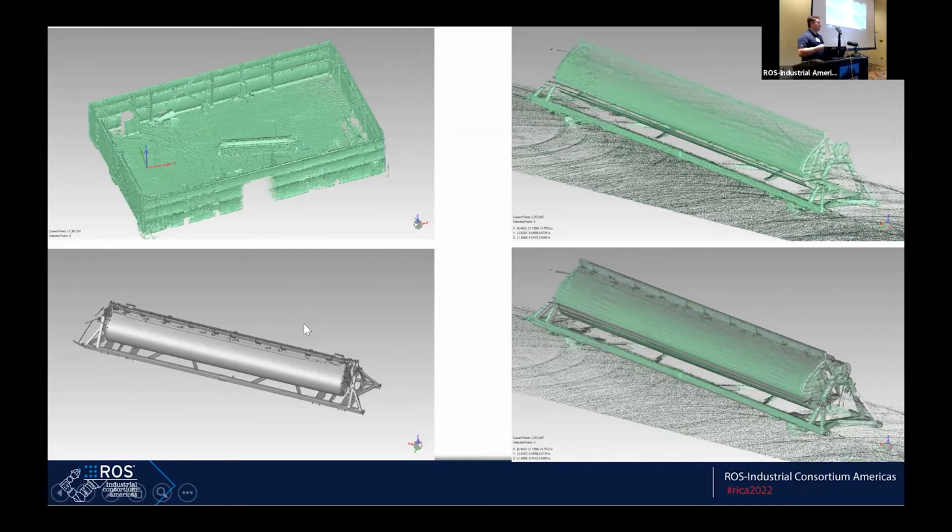This STL model has a volume, and we compare that volume to the cluster point volume. And once we have that, we can crop our data to this top right image. So now we have just the points from the PLY file that we're looking for. And then we can register those two together so that we understand where this radome is in space inside the point cloud, which is then registered back to the map frame of the AGV or MiR.